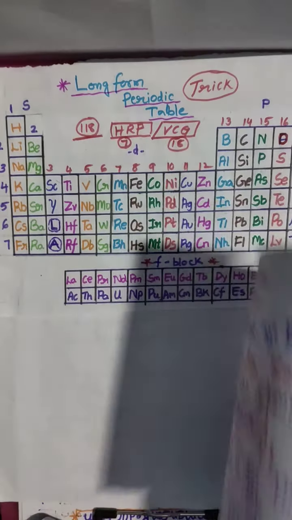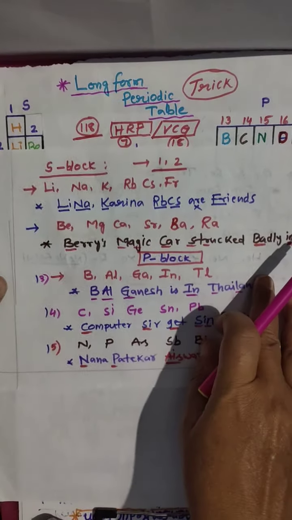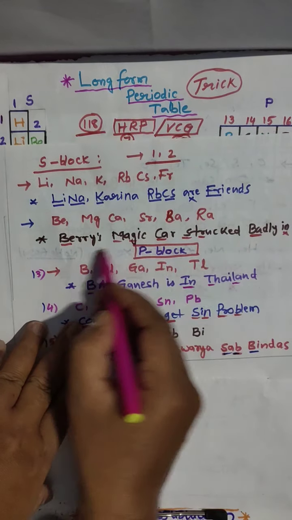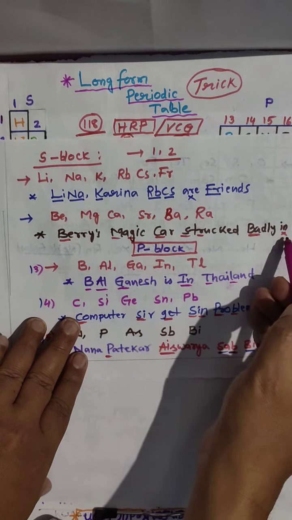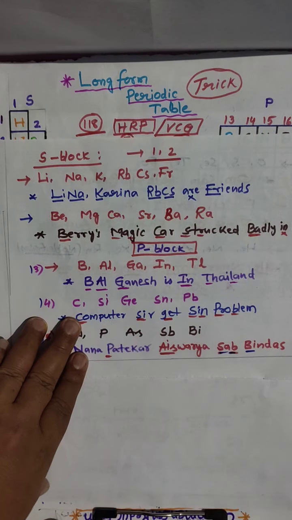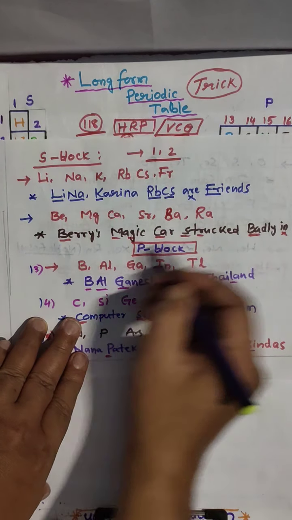See here. We have the second group, that is Berry's magic car struck badly in rain. In Hindi we have a very easy one.